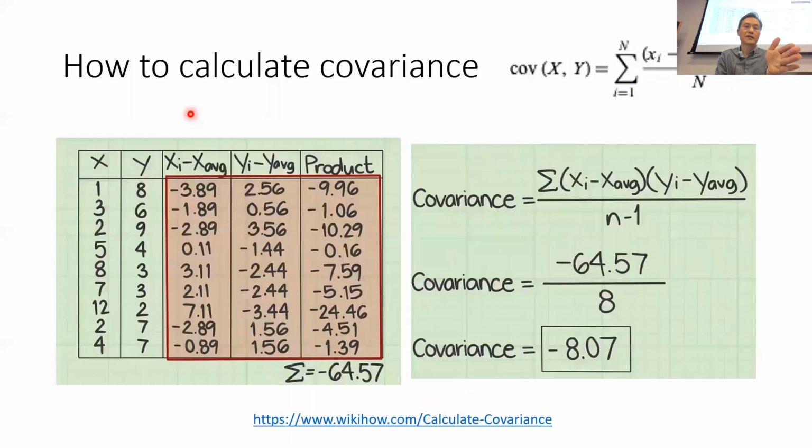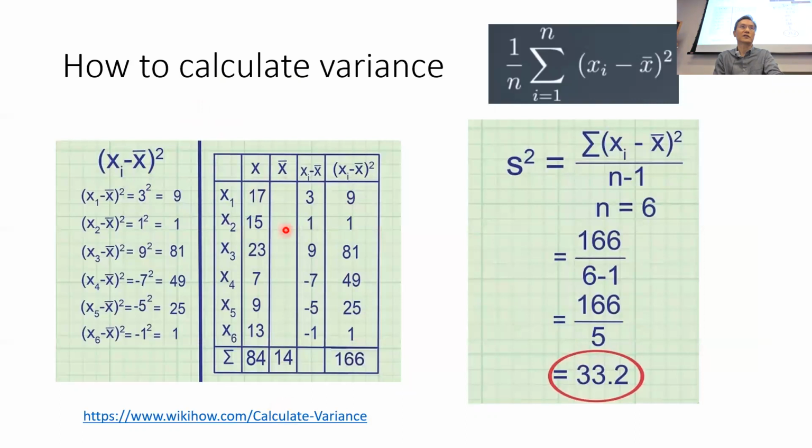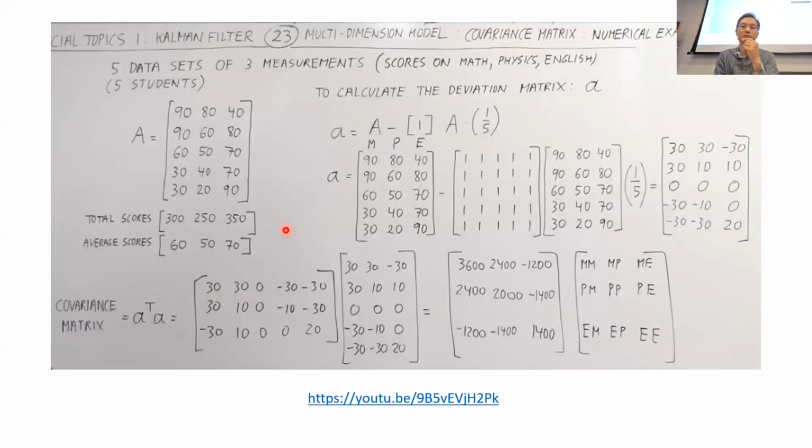You can do this as you did here, one column by one column, and then normalize it. Once you have this centralized matrix, and because it's already normalized, you don't have to normalize later. This actually is a dot product of the two matrices. So you transpose your matrix and then multiply it, and you get this covariance matrix.